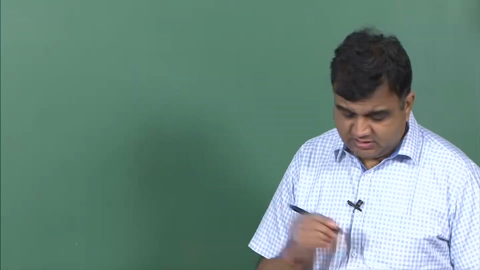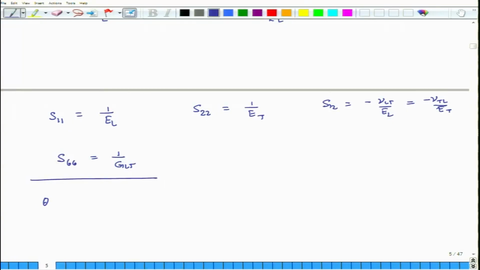Similarly, if you know the engineering constants, then you can also directly calculate the members of Q matrix, and this is Q11 equals EL divided by 1 minus nu LT nu TL.